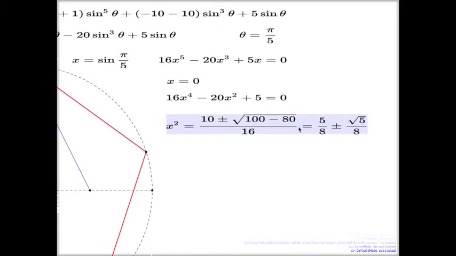How do you see that the first quadrant ensures that we have to take plus? You don't have to say that. X squared is a positive value, so of course this is supposed to be a positive value, but it is positive both for plus and minus. That's all fine. So what do we choose, plus or minus?